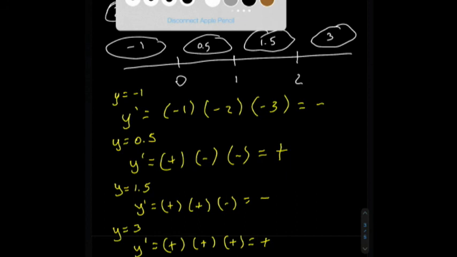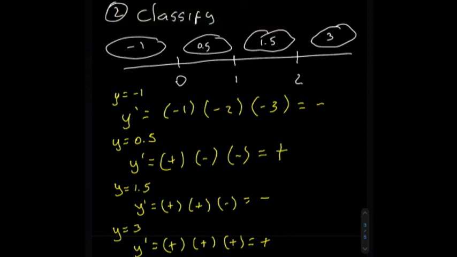Okay, now let's draw the arrows. In the interval where we picked -1, we have a negative sign. Remember, negative means an arrow pointing to the left. In the interval where we selected 0.5, we got a positive solution, so we're going to draw an arrow that goes to the right.